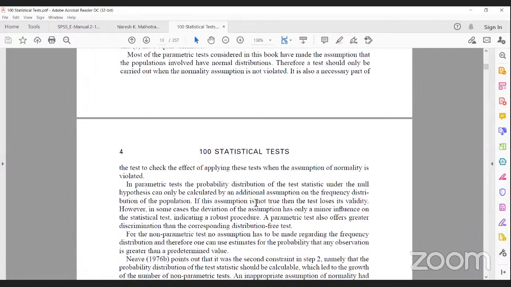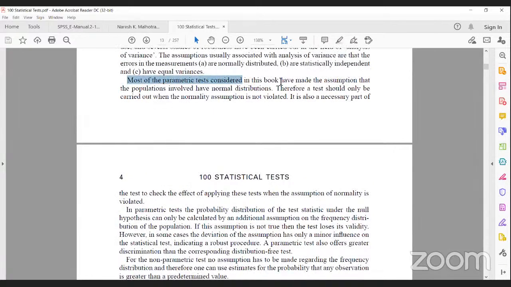And those who are doing the normality checks, meaning normal distribution, have the capability to assume most of the parametric tests. You see this line here.